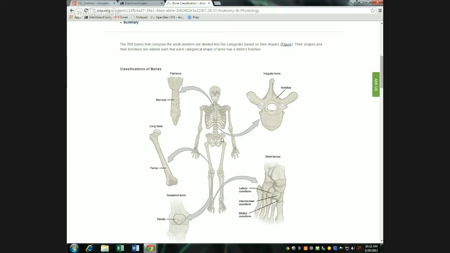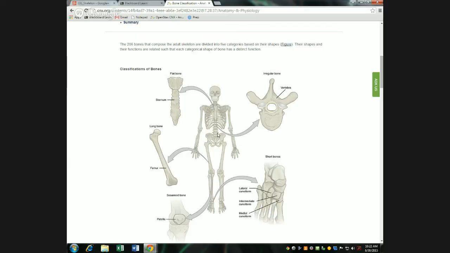But really, if you look at the whole thing, there are some aspects to it that do not let it be classified as flat. But some sources will actually call this bone a flat bone because the majority of it is kind of a flat bone. But really, most correctly, we'd call it an irregular bone. So those are different types of bones.